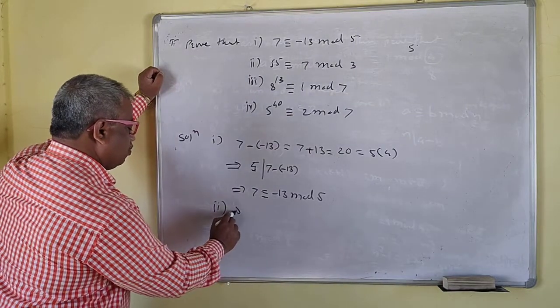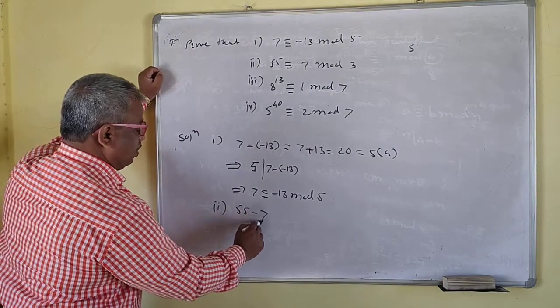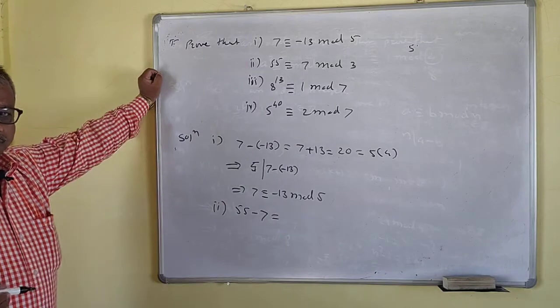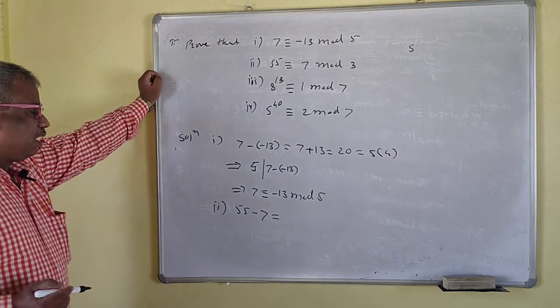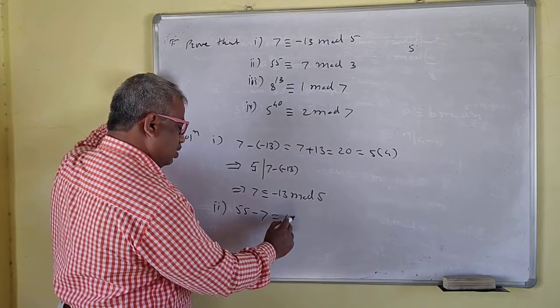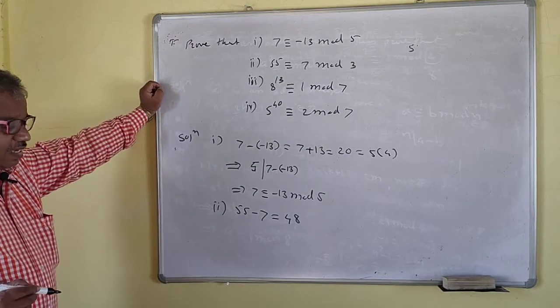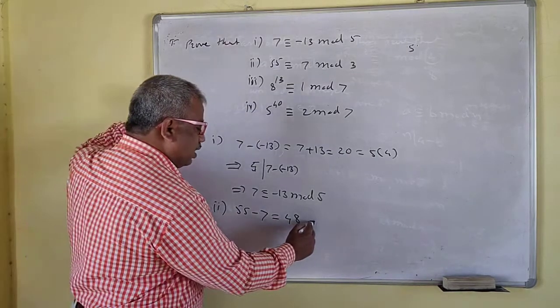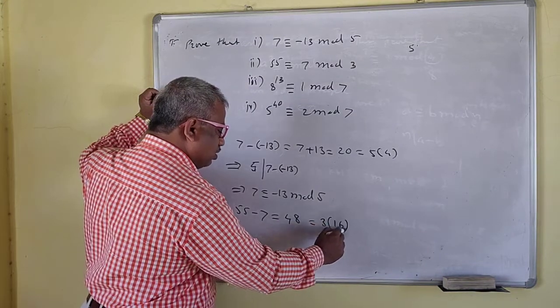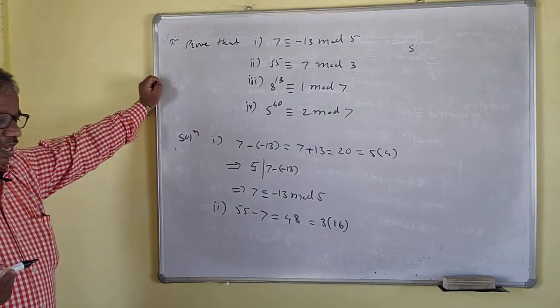Now we'll go for the second one, 55 minus 7. 55 minus 7 is 48. Can you write 48 as a multiple of 3? I can write this as 3 into 16.